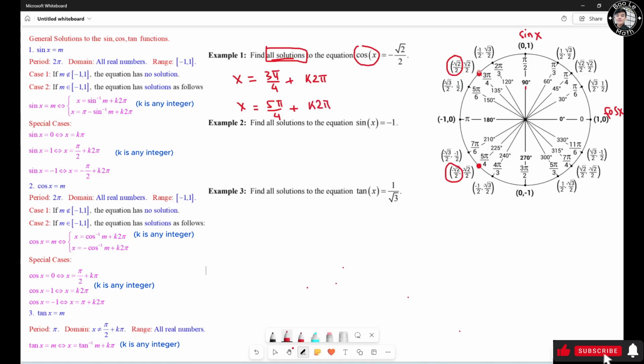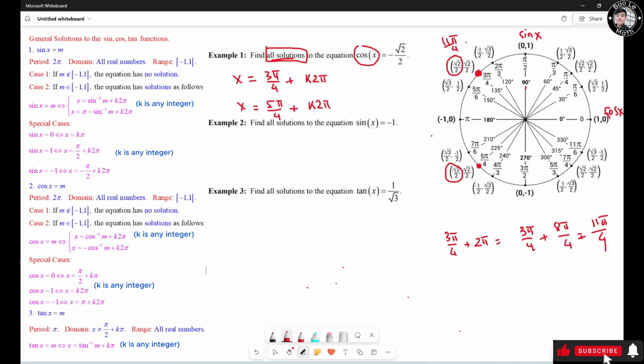Because this is the first, 3 pi over 4, after one full cycle it goes back to over here, which means to 3 pi over 4 you add 2 pi. So it turns out to be 3 pi over 4 plus 8 pi over 4, and it's going to be 11 pi over 4. So after one full cycle, this angle becomes 11 pi over 4.